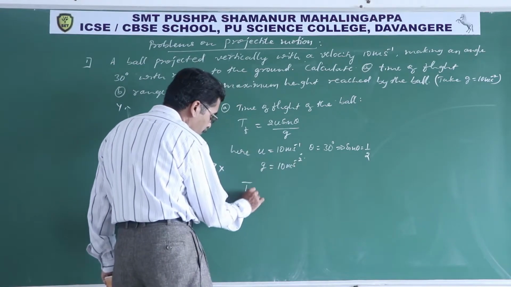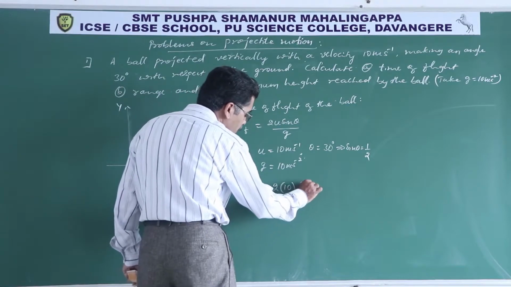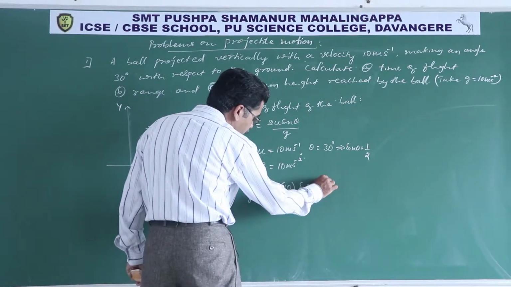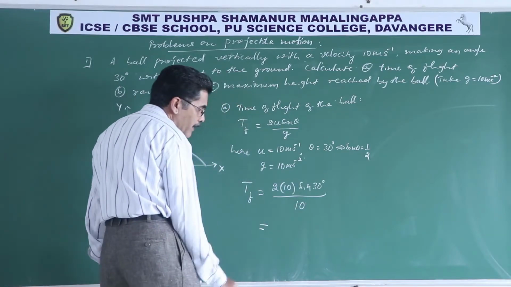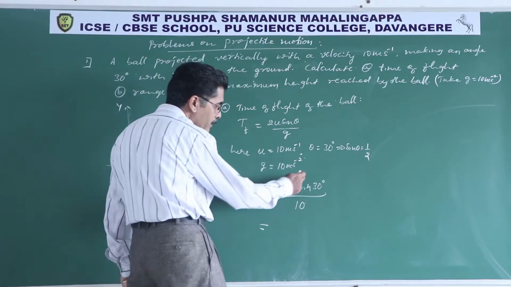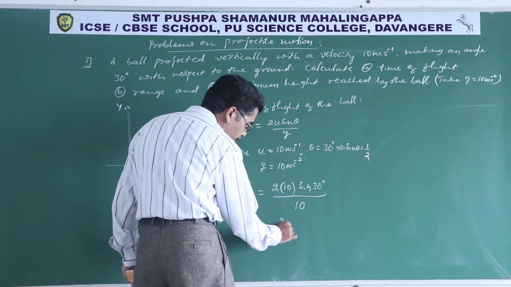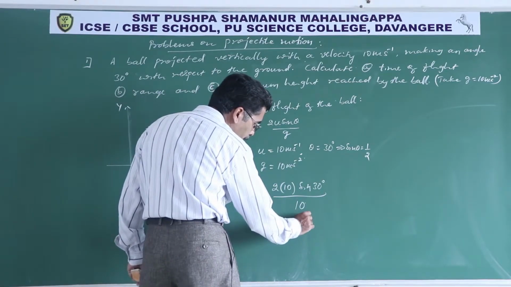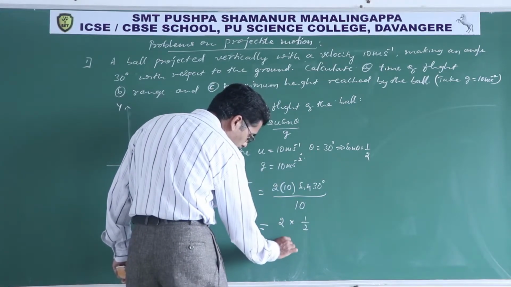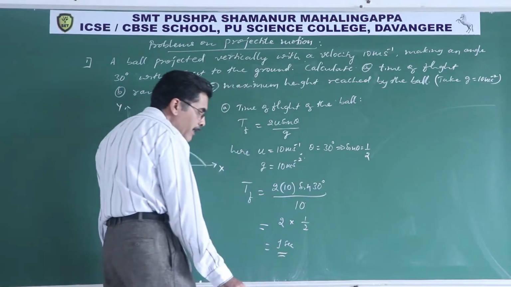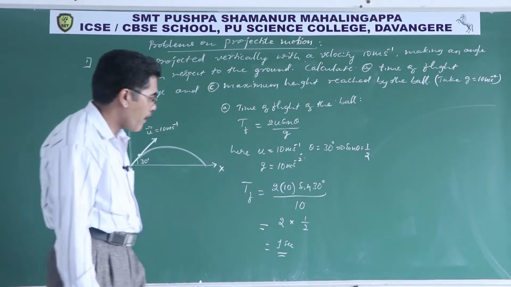Therefore time of flight becomes 2 into 10 sin 30 degree divided by 10. 10 got cancelled. This is 1 by 2, 2 into 1 by 2, it gives you 1 second. Therefore time taken by it to reach the ground is just 1 second.